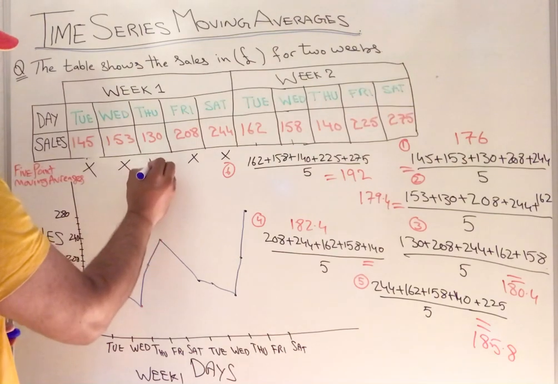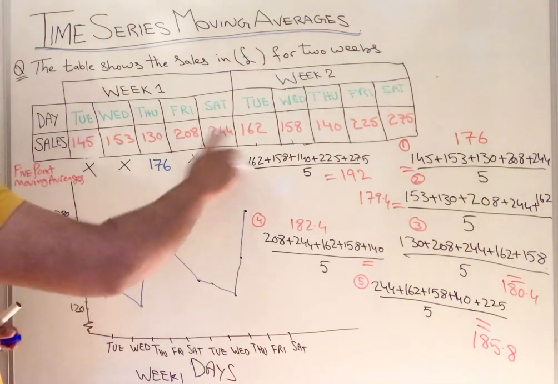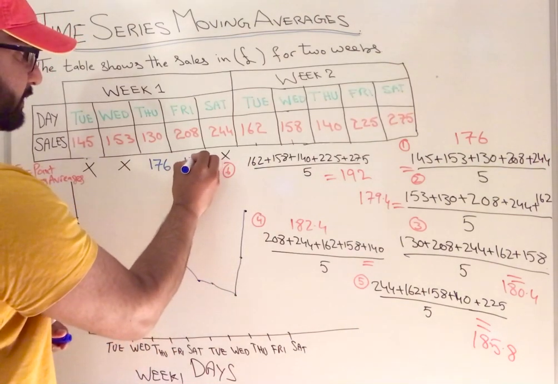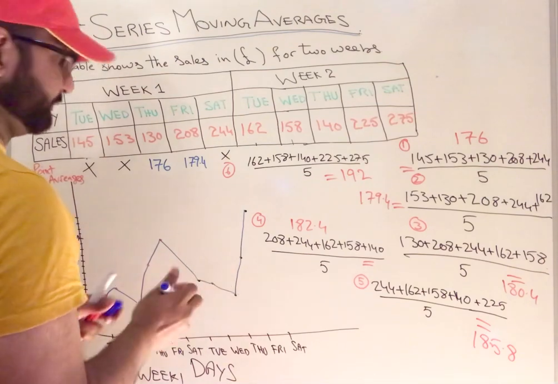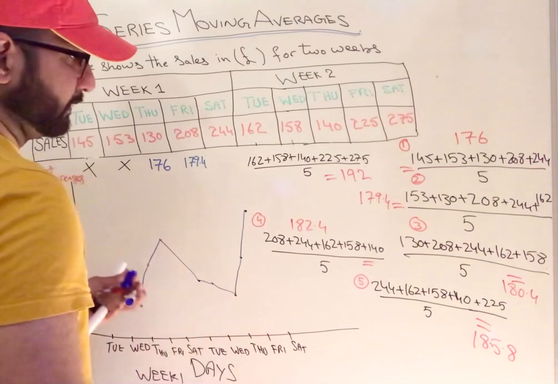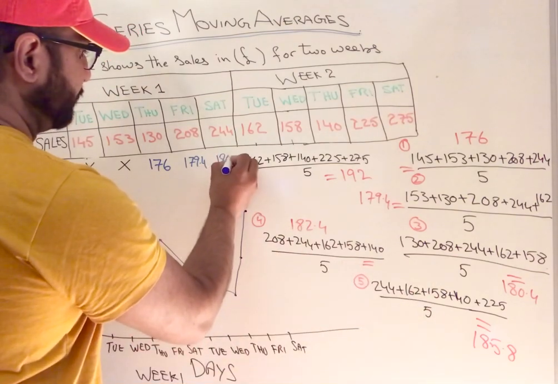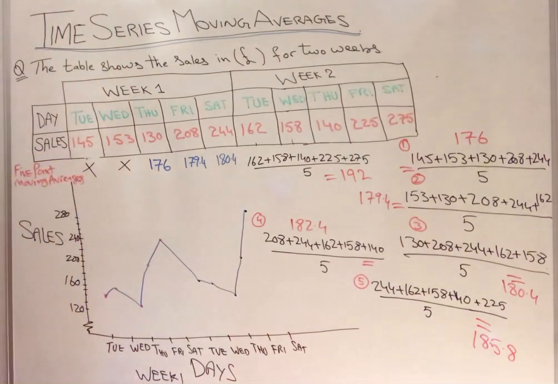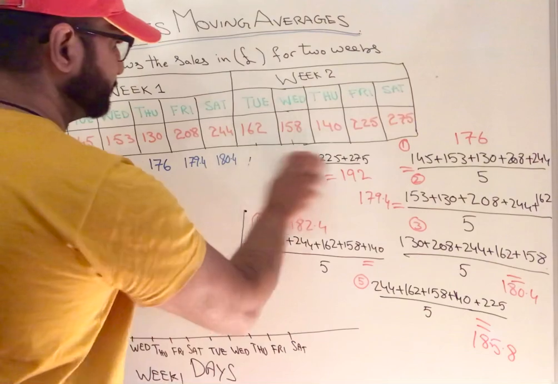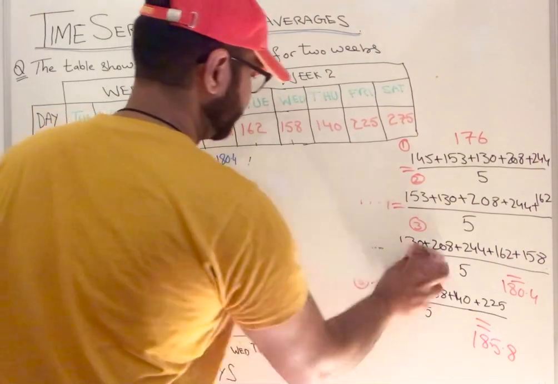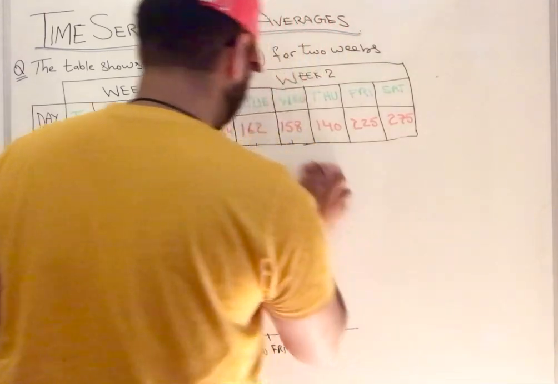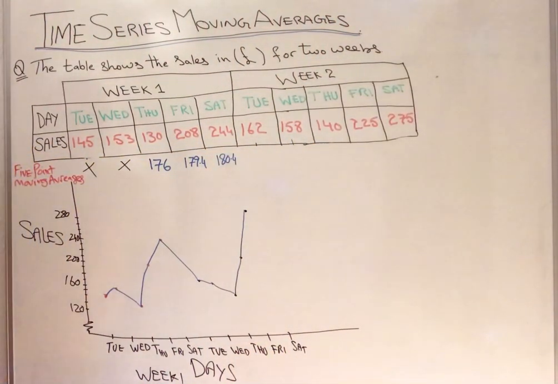Our first value, 176, comes here, and then the second one, 179.4. The third one comes here, which is 180.4, and the fourth one, 182.4, we can write down.